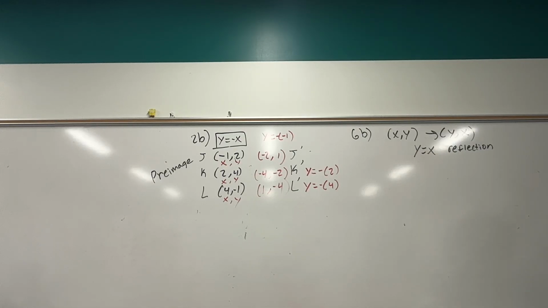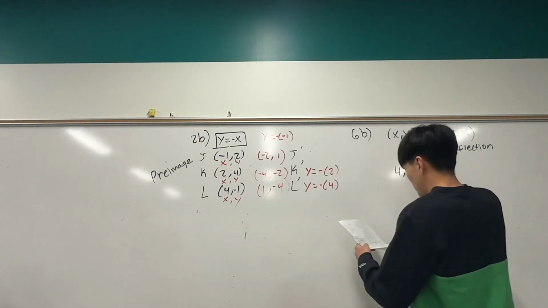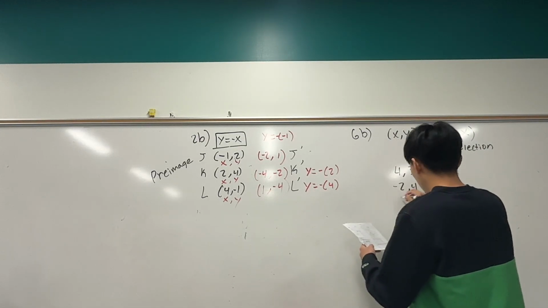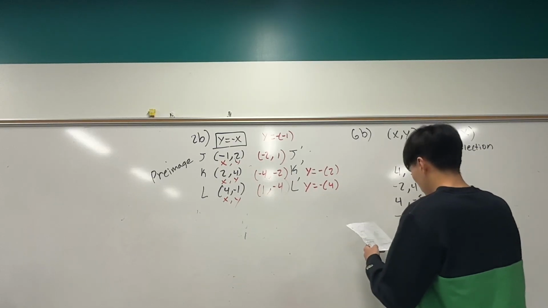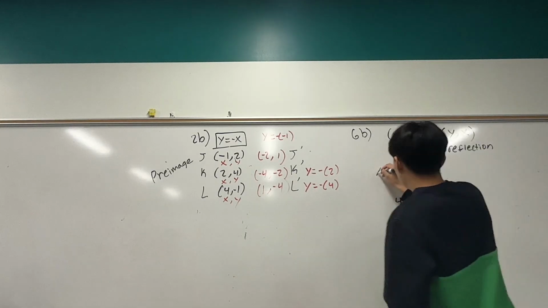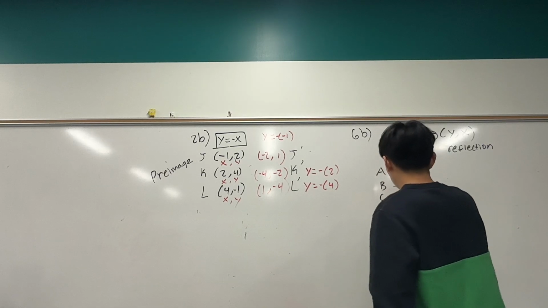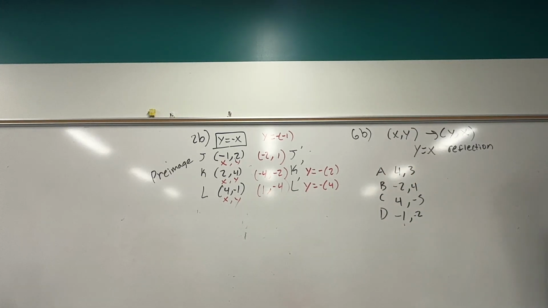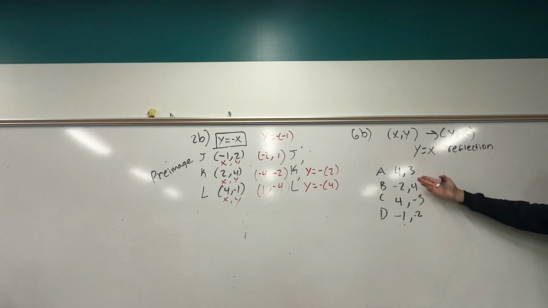Pretty simple, right? Okay. So if it gives you all these for your pre-image, 4, 3, -2, 4, 4, -5, -1, -2. Again, this is my pre-image. You guys see that? And then I'm changing it, right?